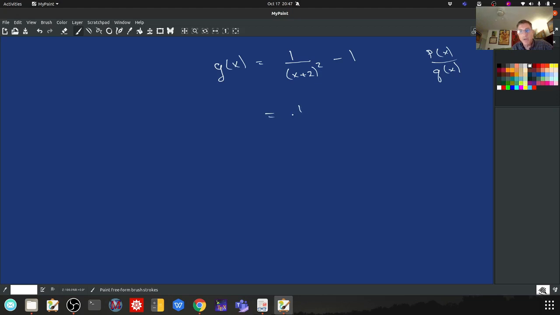So I'm going to write, we only really have one non-trivial denominator, and it's (x plus 2) squared. And I'm going to write 1 as (x plus 2) squared divided by (x plus 2) squared.